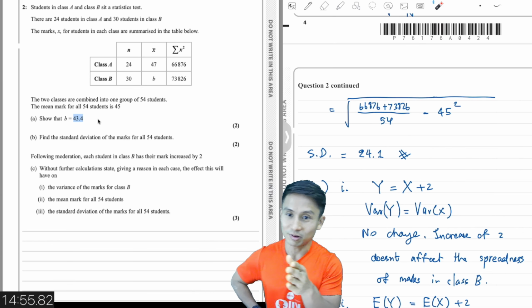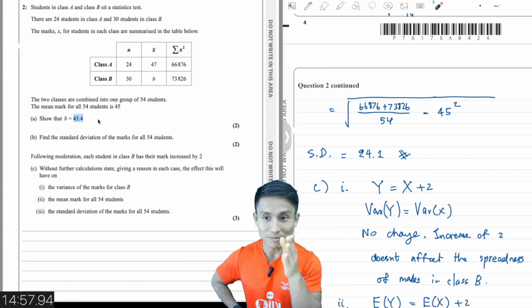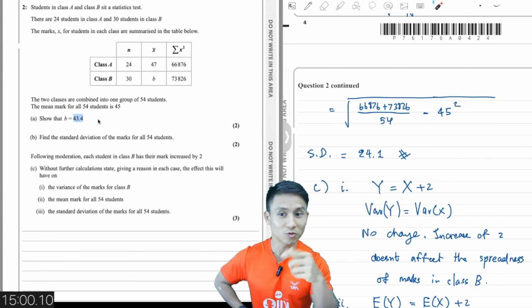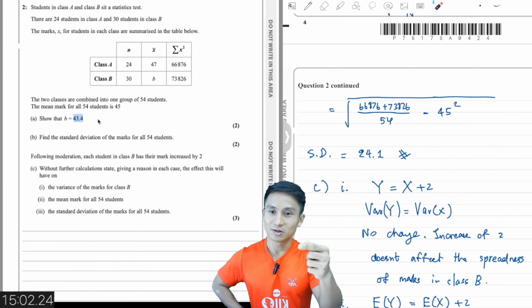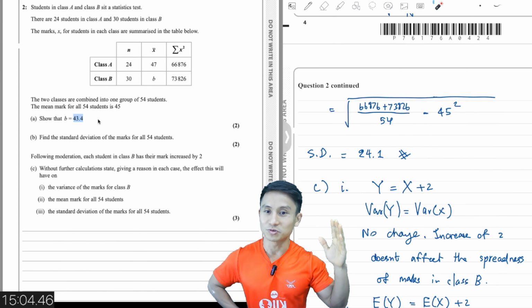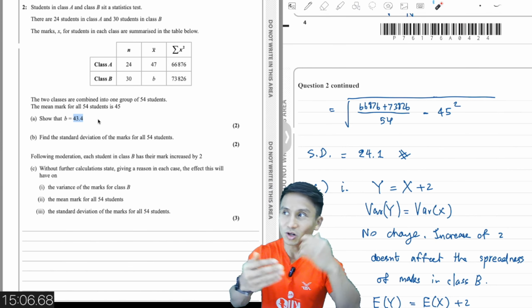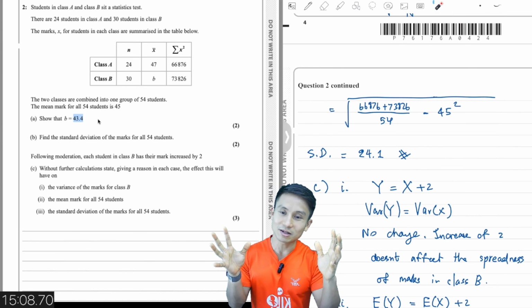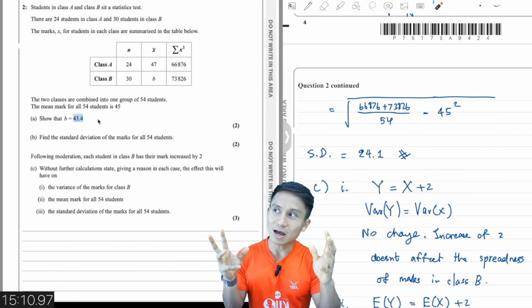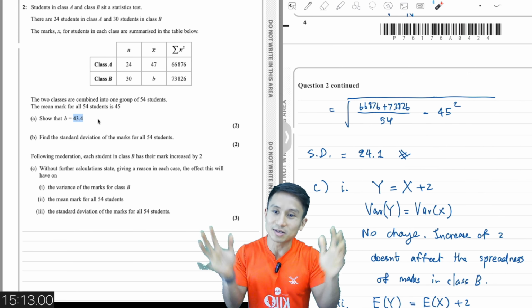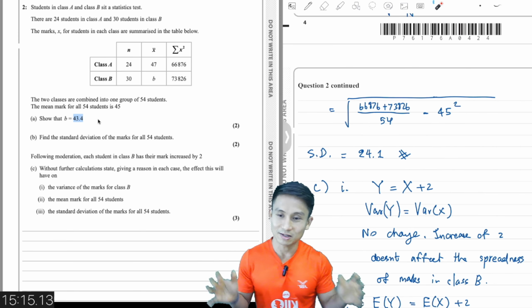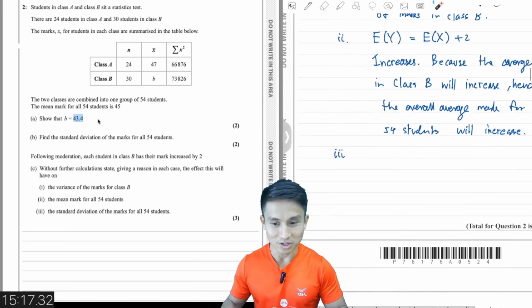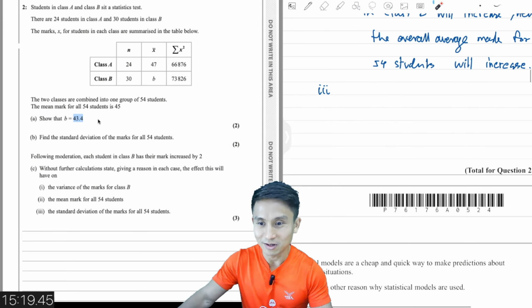We just add 2 to the class B mean, so it's going to be 45.4. That is even closer to the combined mean of all groups, right? So if it's closer to the combined mean, then that would mean that it's going to reduce the spreadness of the data, yeah? And this is subtle here. This one might be a little harder than the previous two.